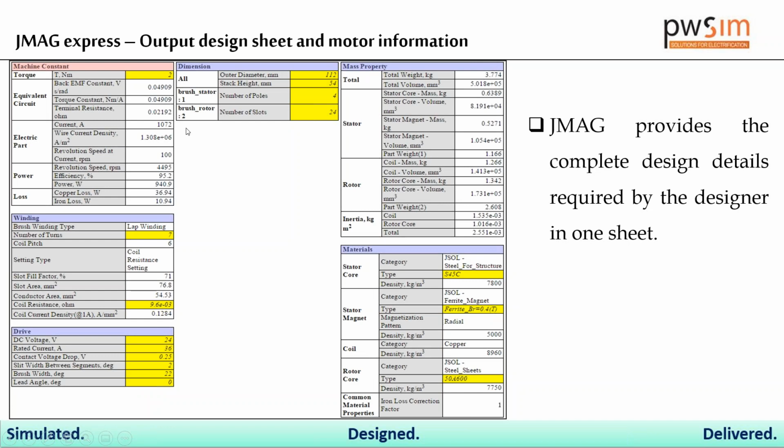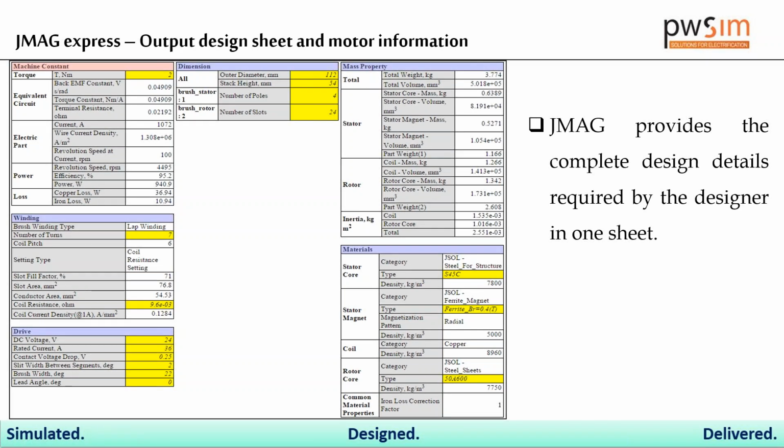Similarly, there are a number of yellow colored sections available in the design sheet. These yellow colored items can be optimized. I told you there is optimization available in Express and in the Designer. In Express, for the permanent magnet motor, you can do the optimization for these many things. By optimization, I mean that suppose the outer diameter of a motor is, as I have given here, 112. For 112 you have fixed the details and got an output.